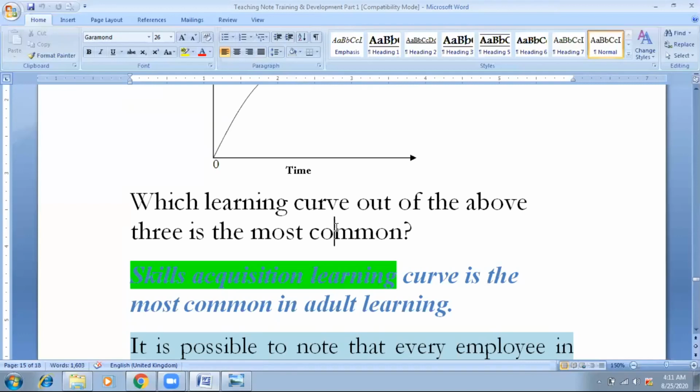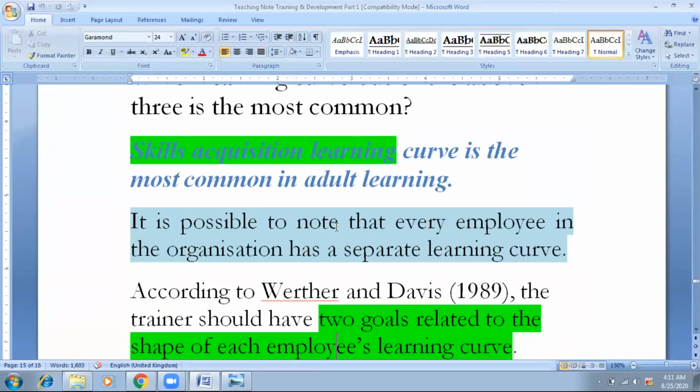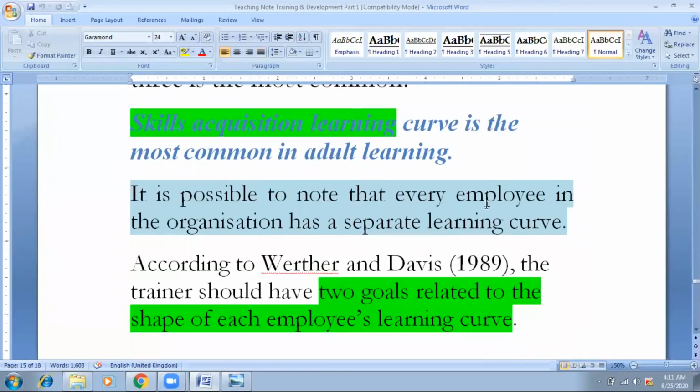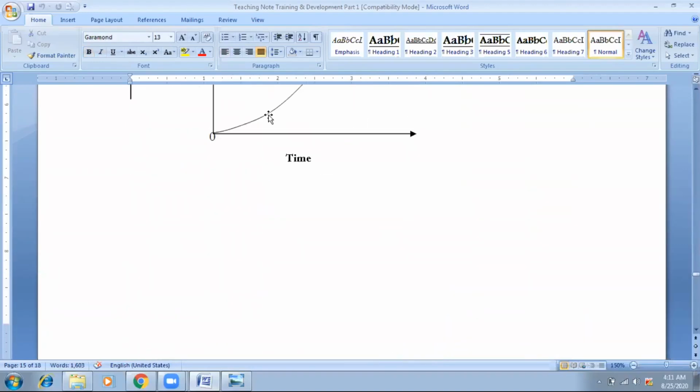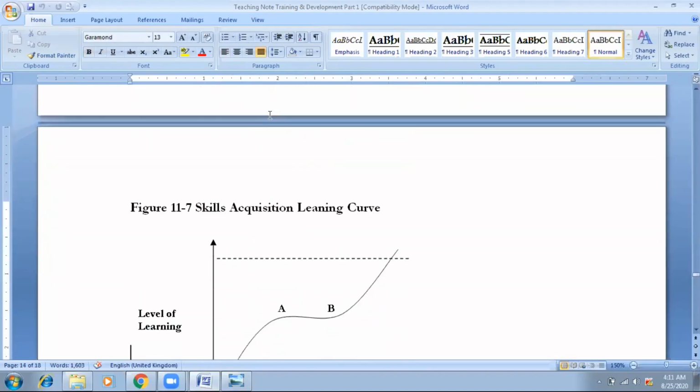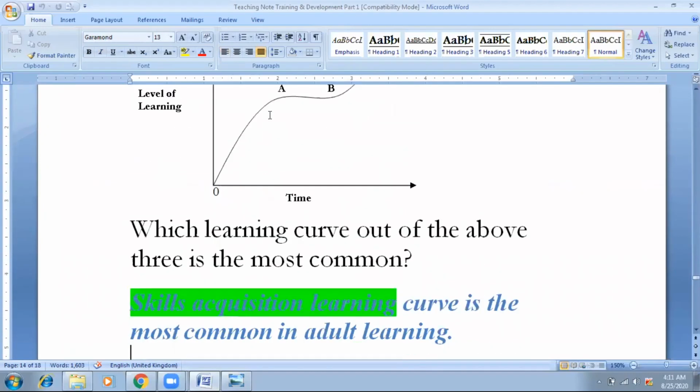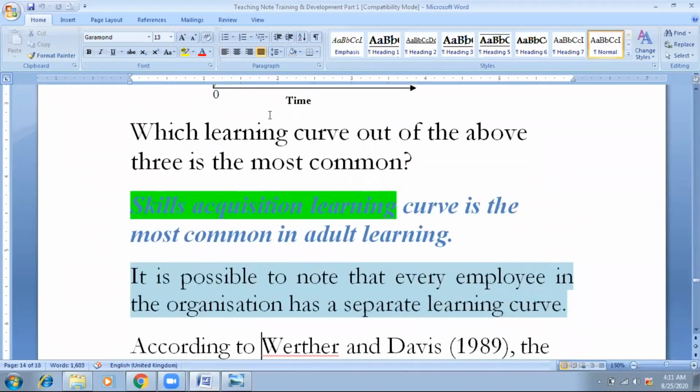So it is possible to note that every employee in the organization has a separate learning curve, even though we have learned three common types.